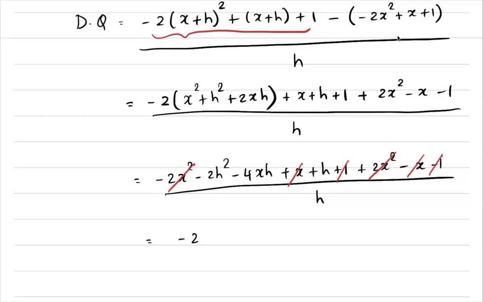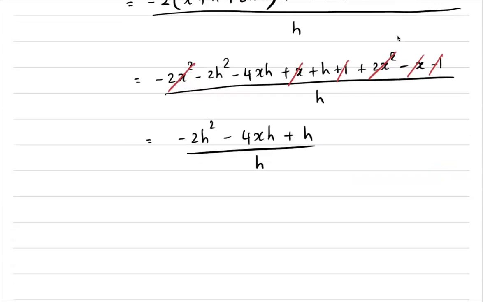I'm left with -2h squared minus 4xh plus h all over h. And as you can see, h is a common factor of the numerator. Factor it out. Then you have -2h minus 4x plus 1 all over h.